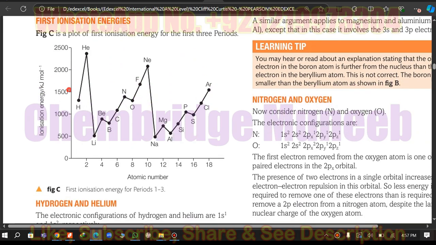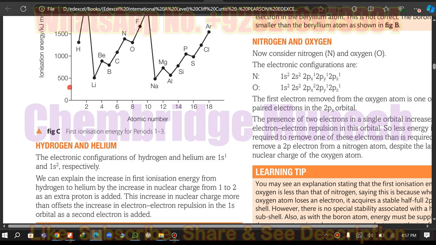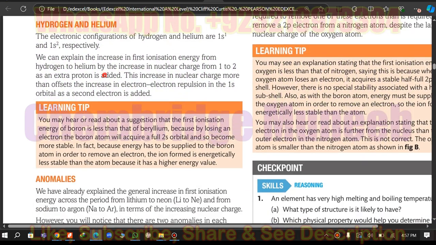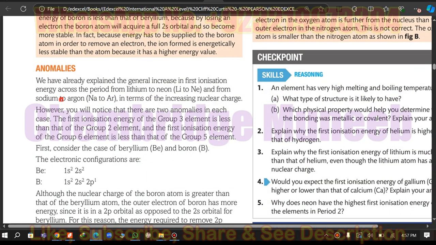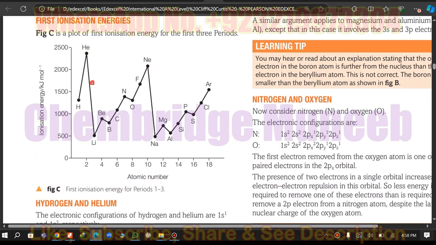ionization energies. So we have just seen that ionization energy increases from left to right. That's what we studied before. Now there come the anomalies, which I told you before, that although the ionization energy increases while moving from left to right, there are some exceptions at some particular points.